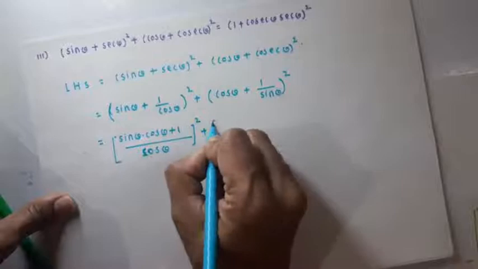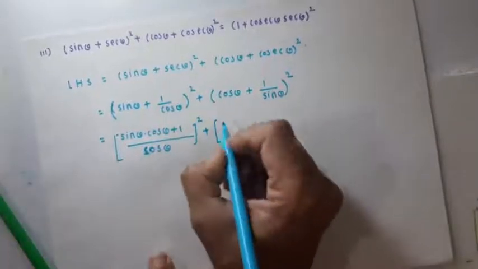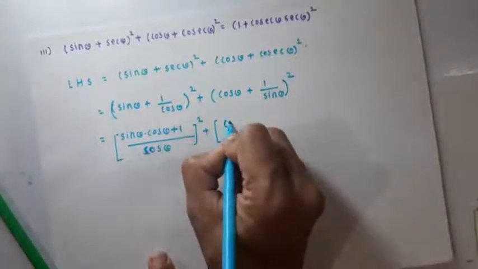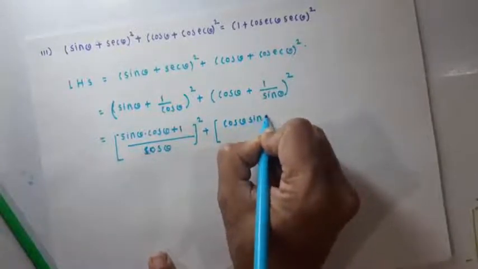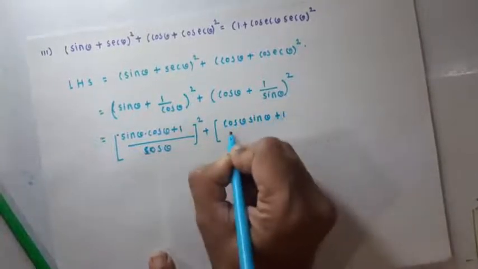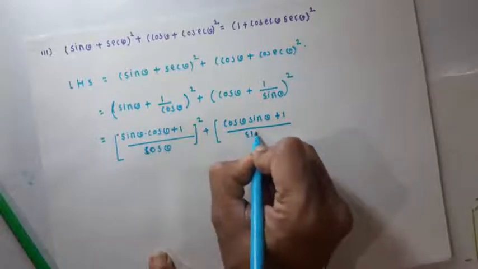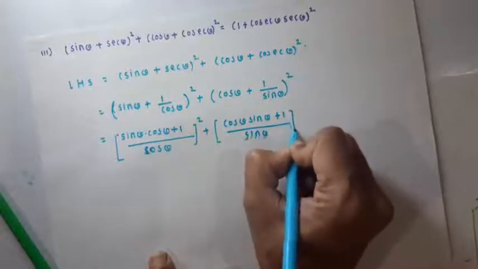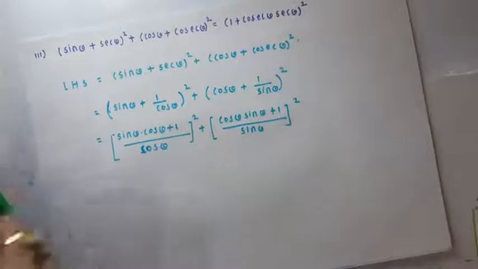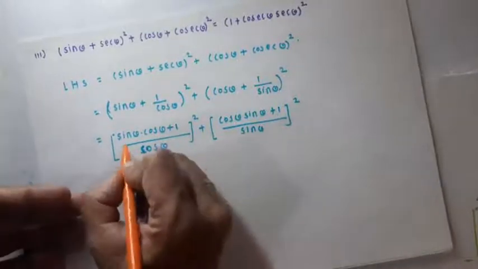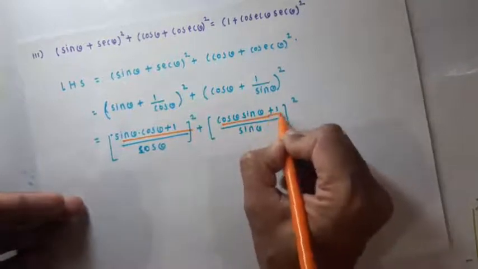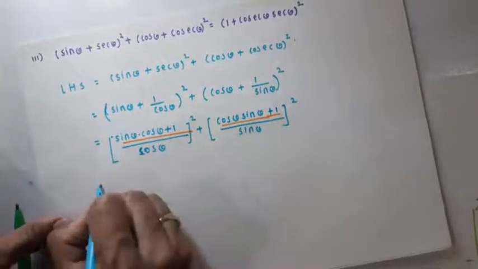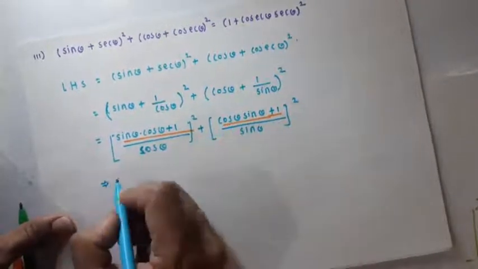Okay, plus the same thing will be here. The LCM will be sin theta, and multiplication becomes (cos theta sin theta plus 1) upon sin theta, and the whole square. So see students, (sin theta cos theta plus 1) whole square, (sin theta cos theta plus 1) whole square, we will take common out from both the brackets.